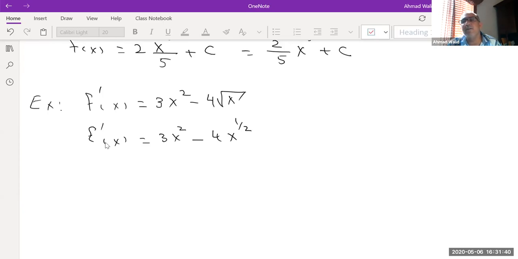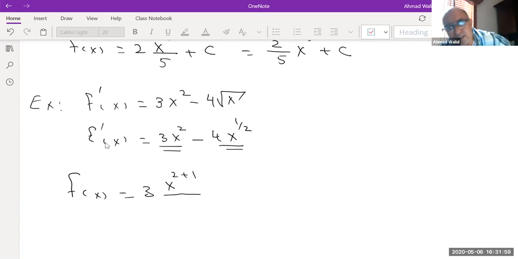Now apply your formula on the first term and apply your formula on the second term. Then you can write F of x equals 3x to the power of 2 plus 1. I shouldn't write this and immediately I should write x cubed, but these are the first examples. I'll show you the method. Over 2 plus 1, minus 4x to the power of 1/2 plus 1 over 1/2 plus 1.